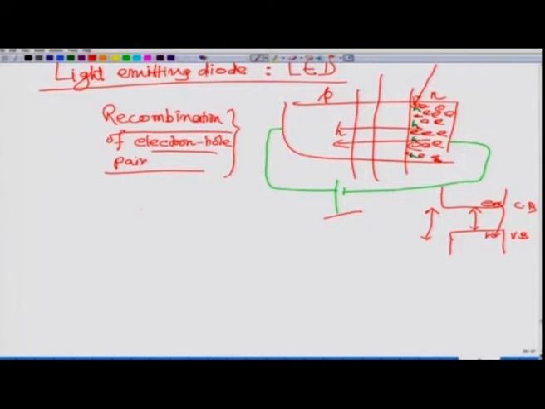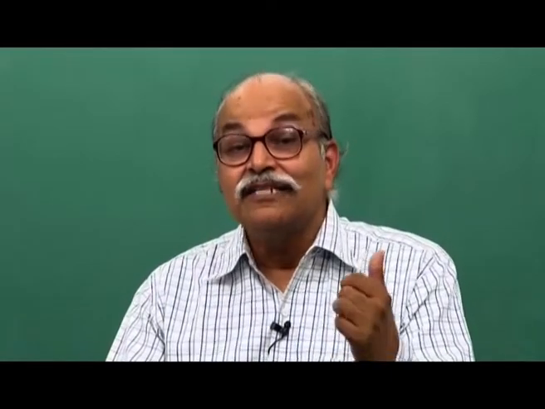Similarly, the electrons coming to the other side are reaching here. This is known as minority carrier injection, because on this P side these electrons are minority carriers and they are injected near the junction edge in large numbers.